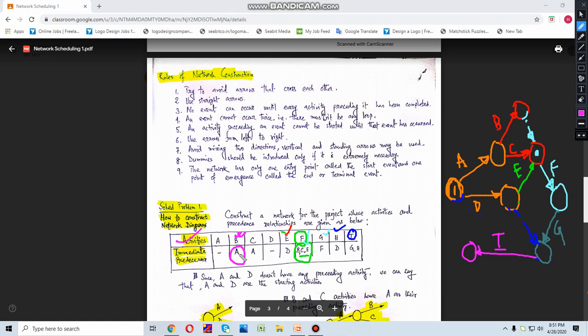So this is the hint. Like B has to be generated from A, C must be generated from A, but A and B don't have any immediate predecessor. So that means they can be generated from anywhere, there is no such compulsion here.